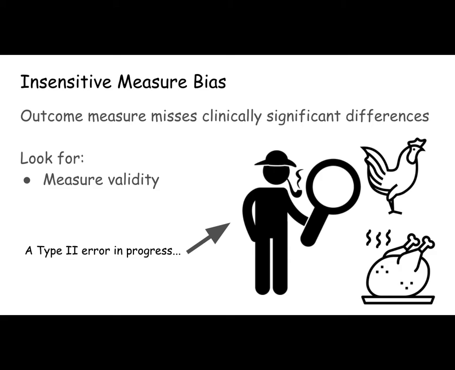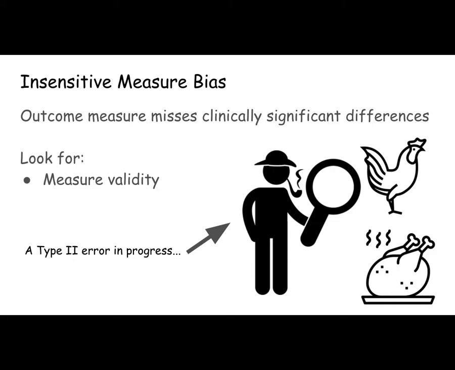We want to see where they start, apply an intervention, and then we want to see some difference from where they started at the end, after the intervention. And if they're using a measure that can't capture a small difference that's still clinically important, that's an insensitive measure bias. And again, you're looking for measure validity.